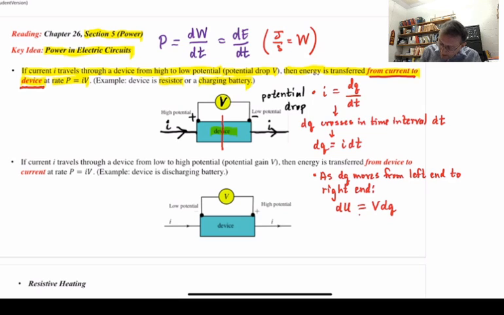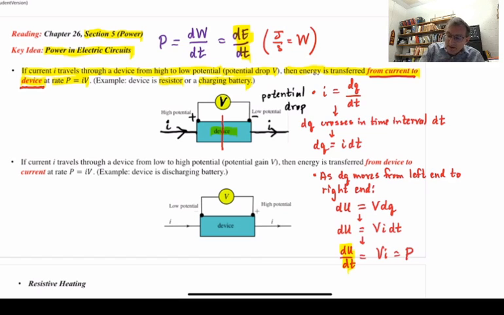Now let me replace that dq with I times dt from the first comment, and then divide both sides by dt. So I get dU/dt is V times I, and I identify dU/dt as the dE/dt. It's the rate at which energy is being transformed out of the potential energy form. So that is exactly what we mean by power.